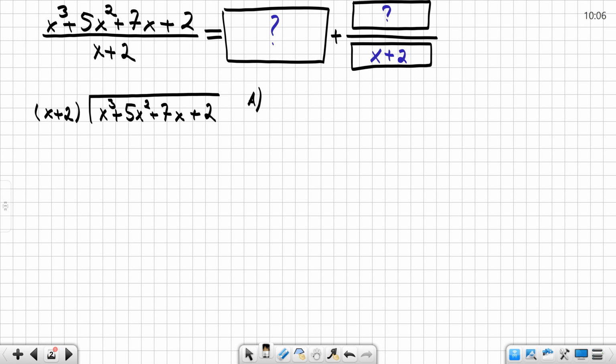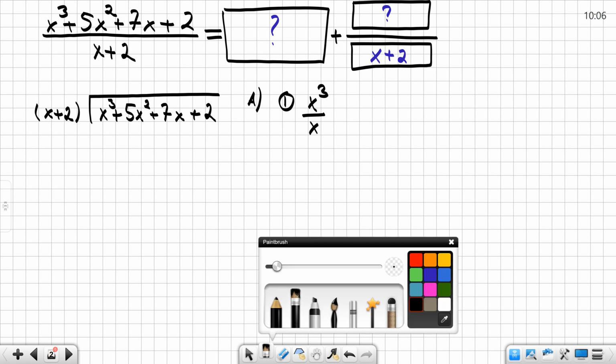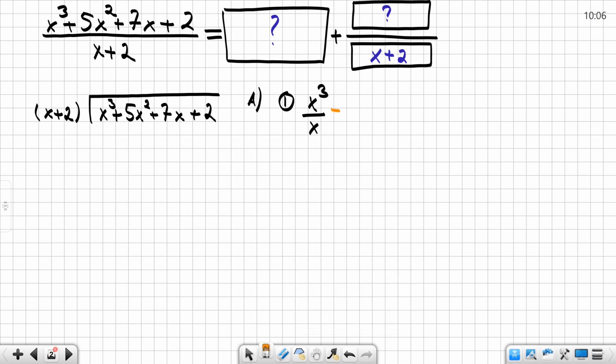The first step, step A, is going to include two things. Step 1, I'm taking the x cubed, the biggest one from my dividend, and I'm dividing this by the biggest one from the divisor. X cubed divided by x. Well, let's have a look.